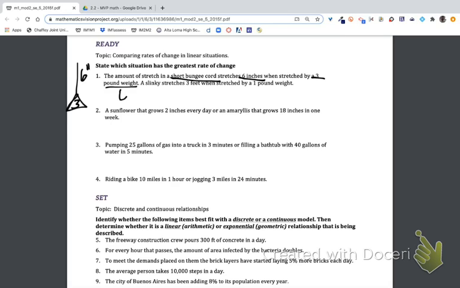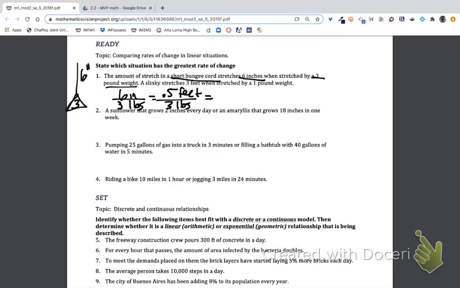To represent that, we can say 6 inches for 3 pounds of pull. 6 inches is 0.5 feet for 3 pounds of pull.